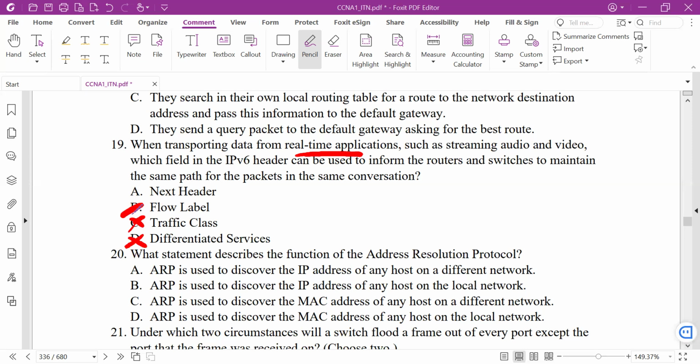So if you're sending, like the highlighted real-time application, streaming video, there's a label attached to my packets. They are going to be broken down on my network. I don't send one packet for the whole video.